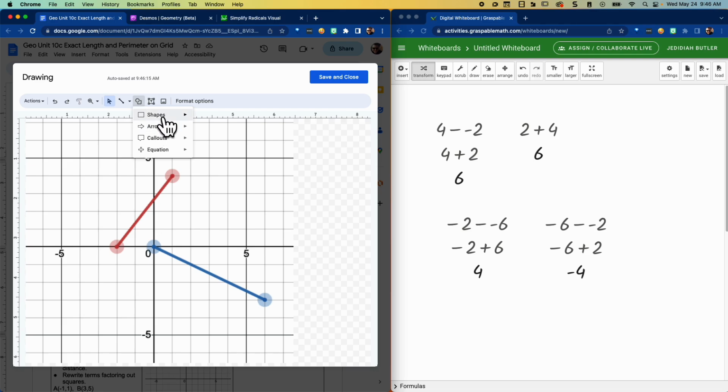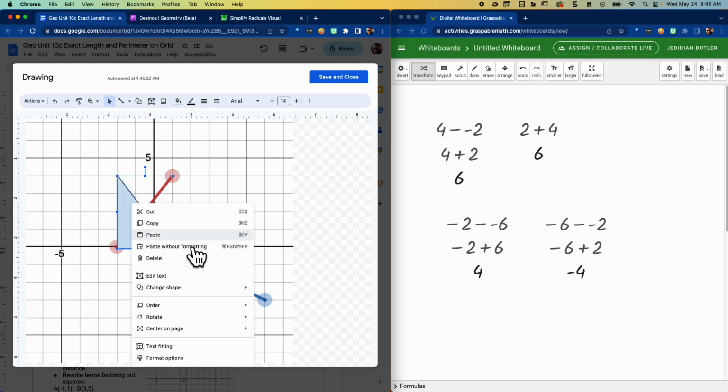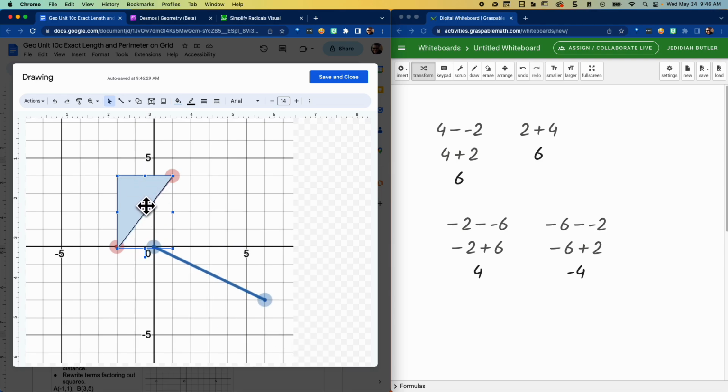If I want to make it a little bit easier and actually draw a triangle, I'm going to draw a triangle that fits that size, and I'll flip it vertically. I could have also just rotated it. Another way that I could have drawn a shape like that is with a polyline.